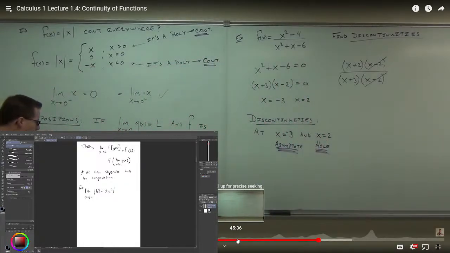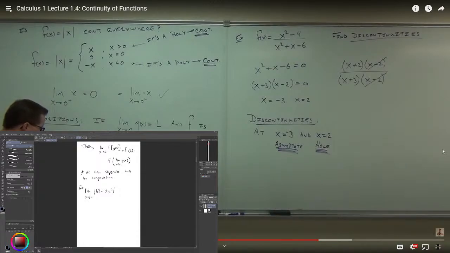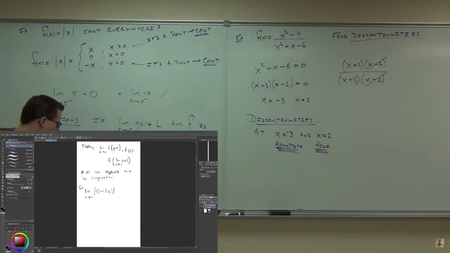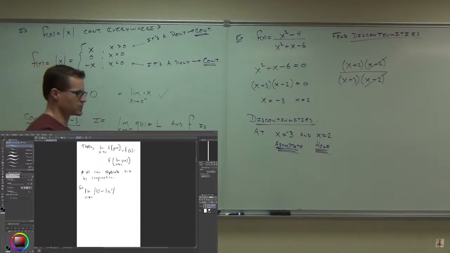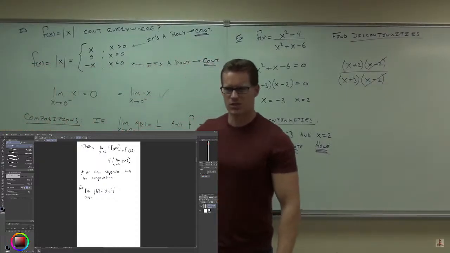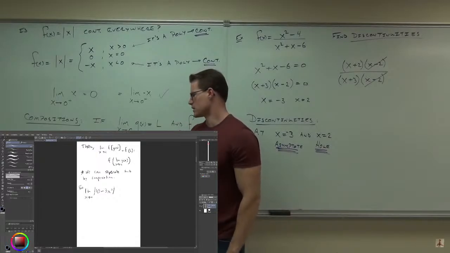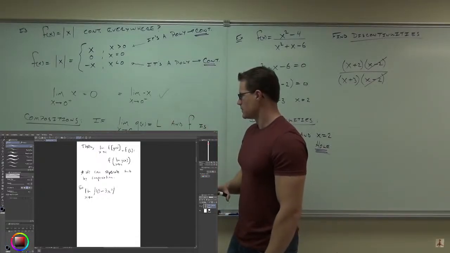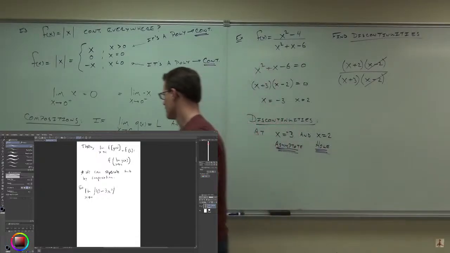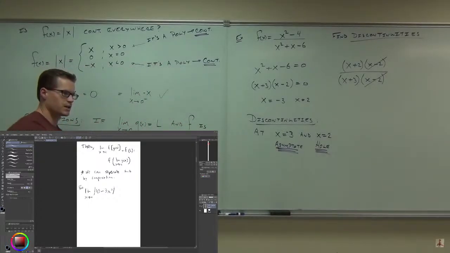So what happens if we take a limit as x approaches c of f of g of x? A composition. You guys have seen compositions like that before, yeah? Well, this is kind of interesting. Just check it out for a minute.